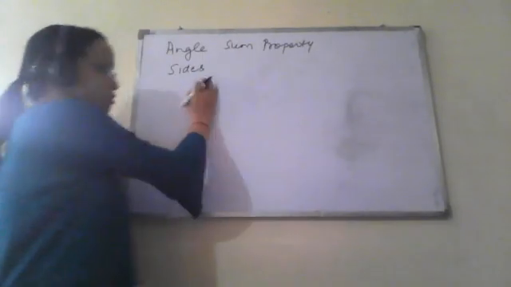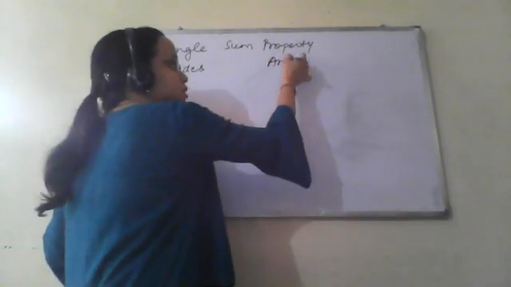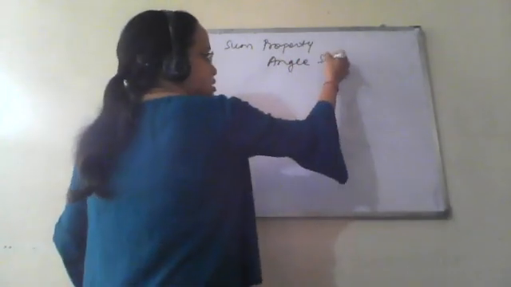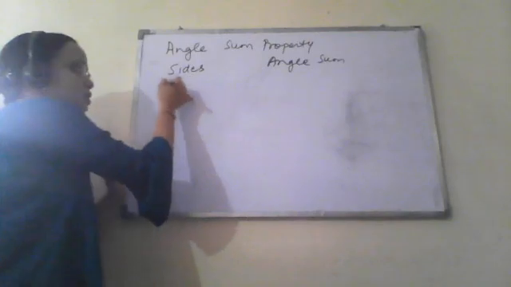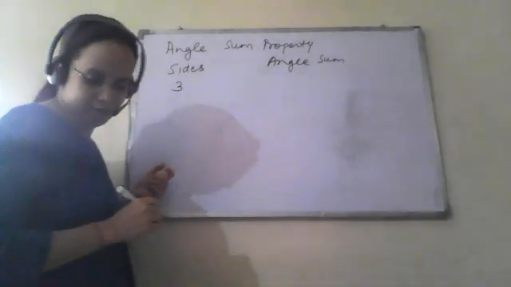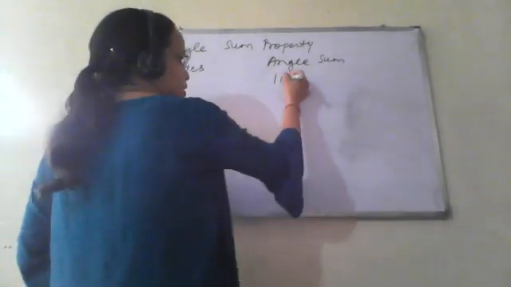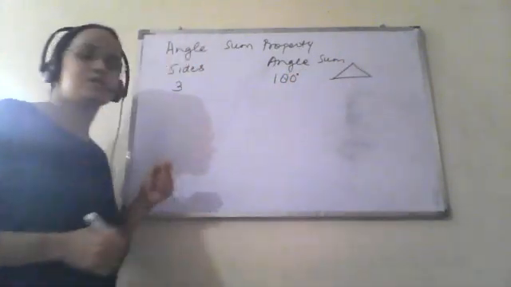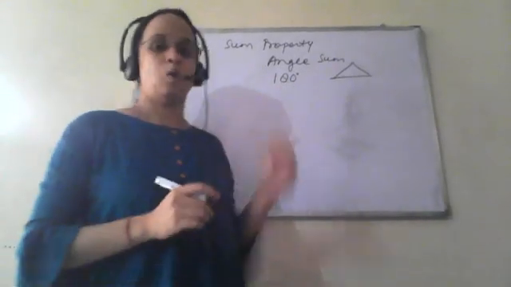So these are the number of sides and these are the angle sums. Right now I'm talking about the interior angle sum. If there are three sides, which is a triangle, the angle sum is 180 degrees. It means in the case of a triangle, the sum of interior angles will be 180 degrees.